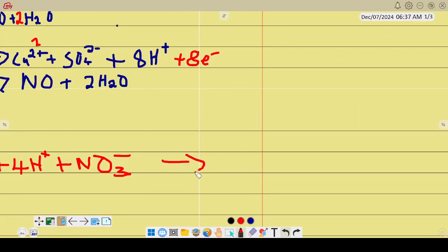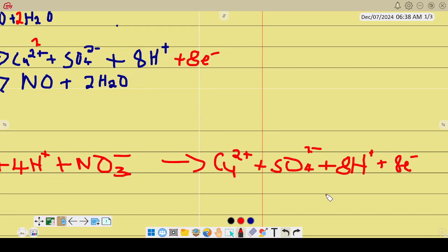So we have the copper ion, copper 2 ion. We have the sulfate ion, and then we have 8 hydrogen ions and 8 electrons.